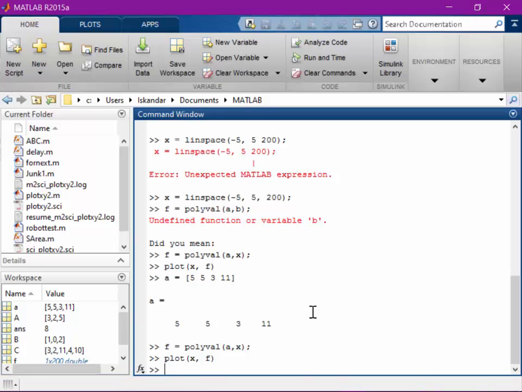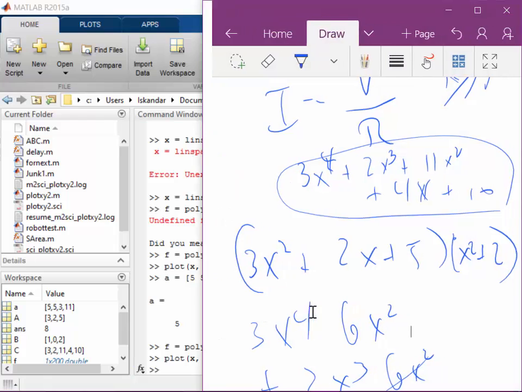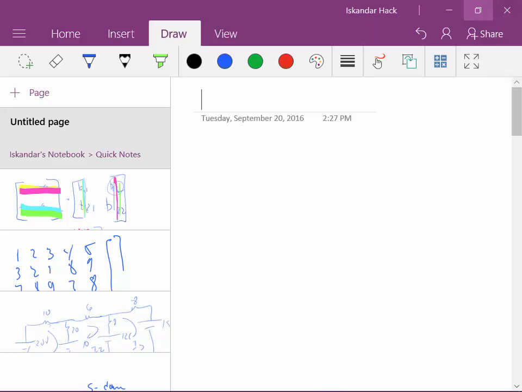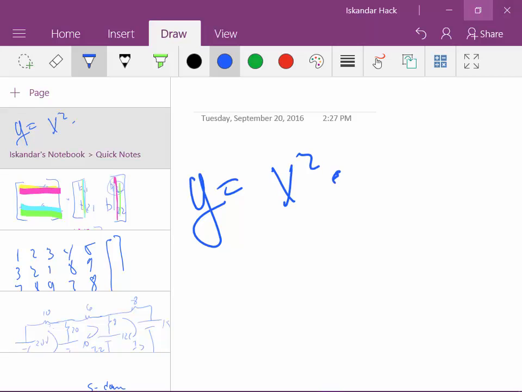Let's say that I want to write a function and plot it. I'm not going to use a polynomial, because if I have a polynomial, why not use polyval? I don't need to write a function, polyval is already written. So let's write a function with some arbitrary numbers: y is equal to x squared times sine 3x plus 2.